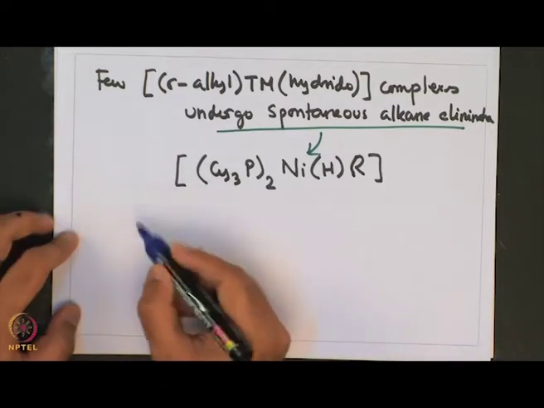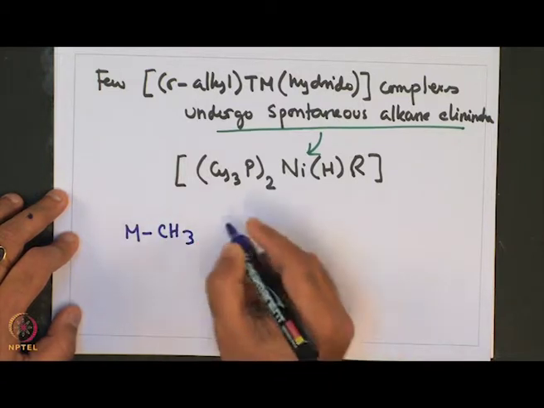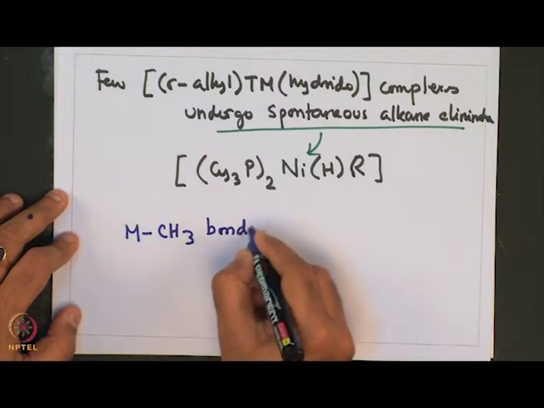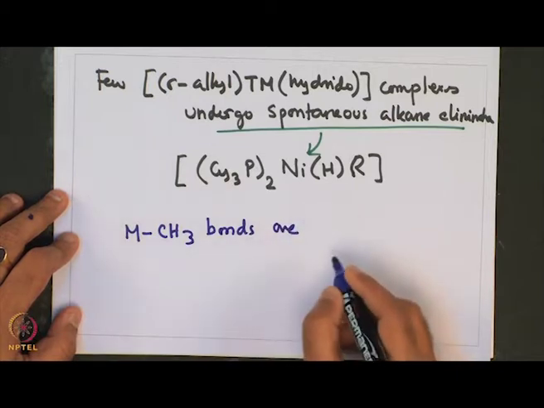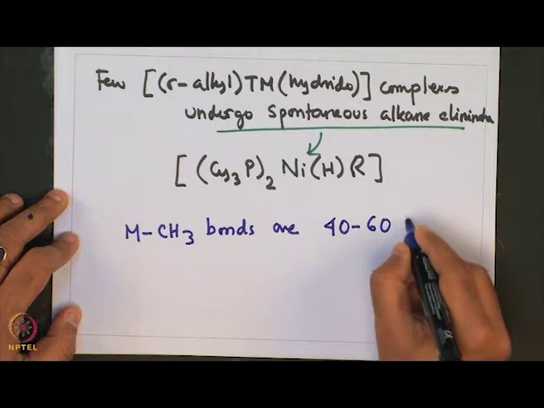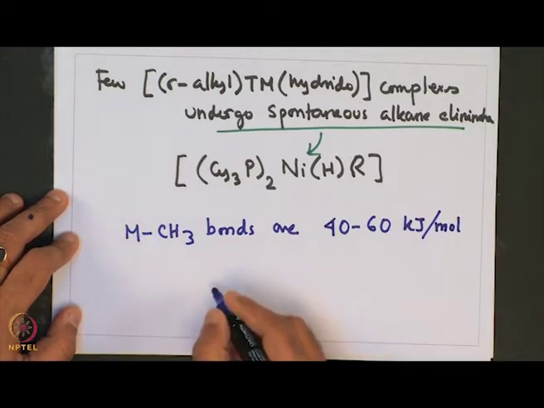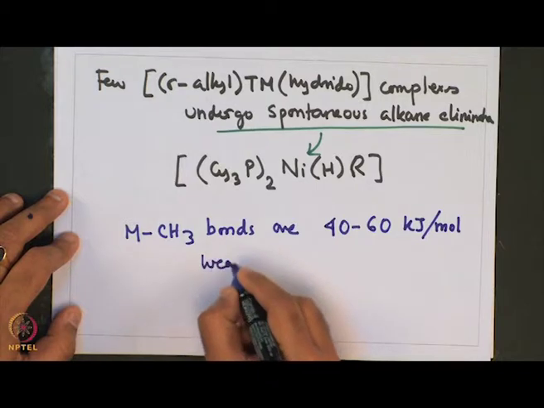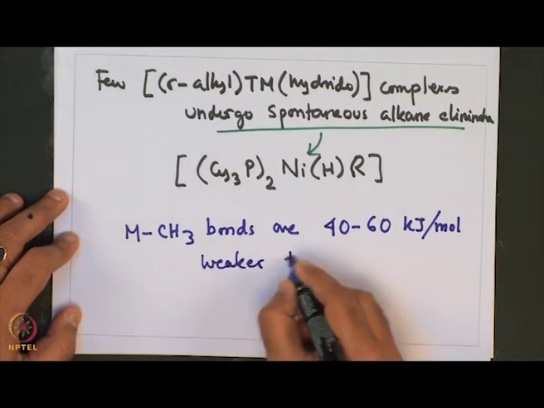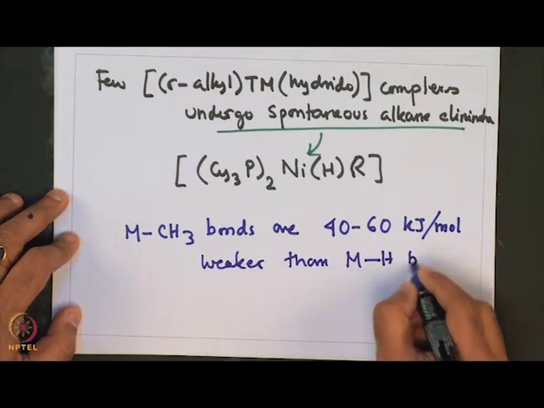In hindsight, the metal carbon bonds in methyl moieties are generally 40 to 60 kilojoule per mole weaker than metal hydrogen bonds.